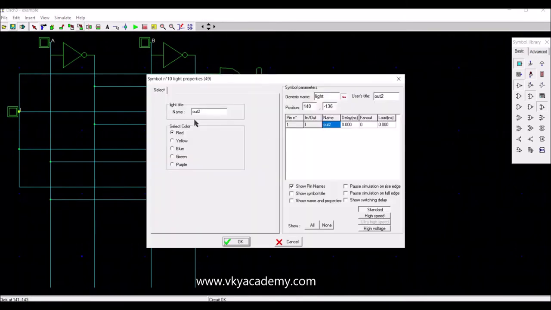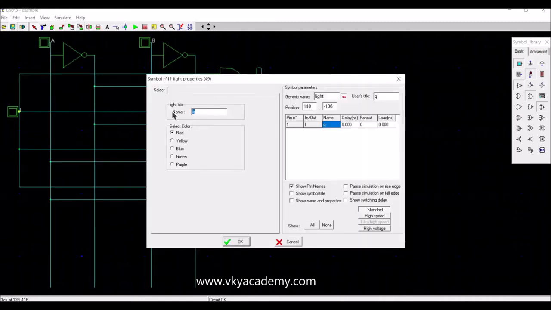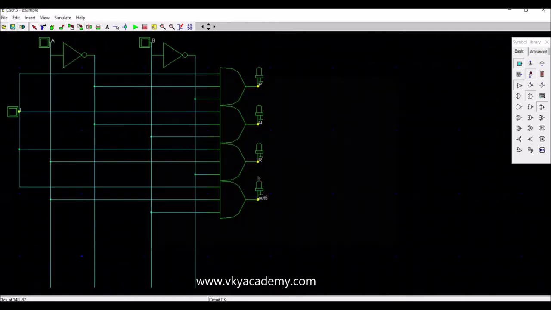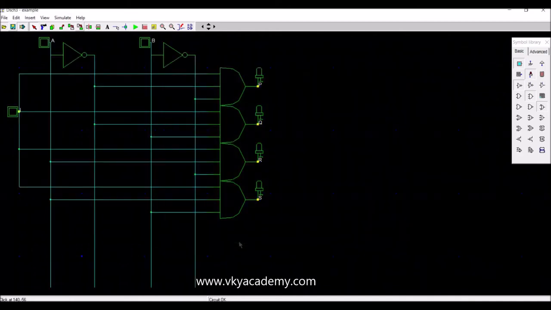And as per the design, provide the names of the outputs as P, Q, R and S. So you saw here how easily a 4x1 multiplexer can be converted to a 1x4 demultiplexer on DSCH software.